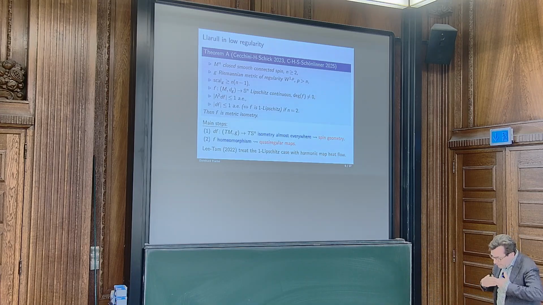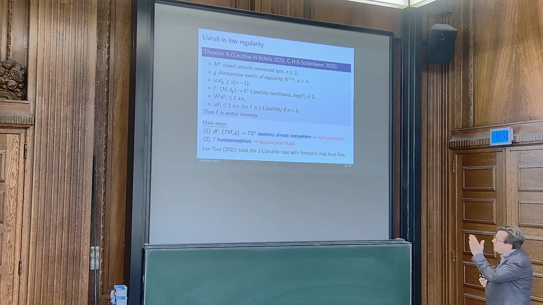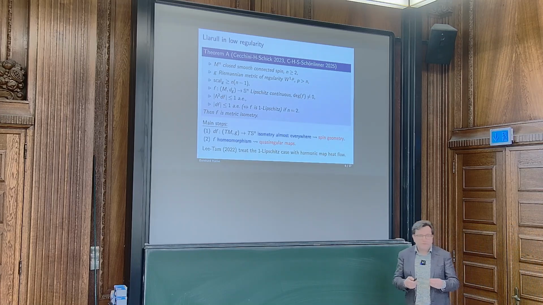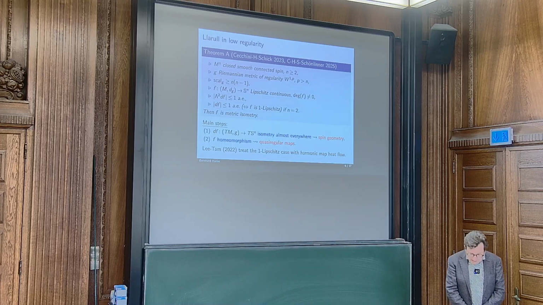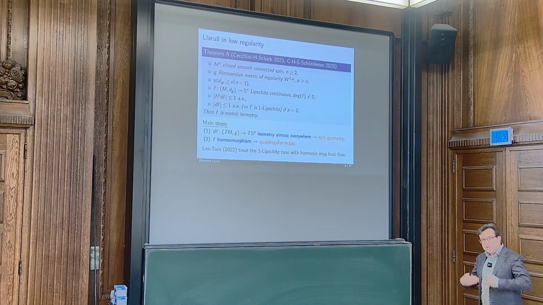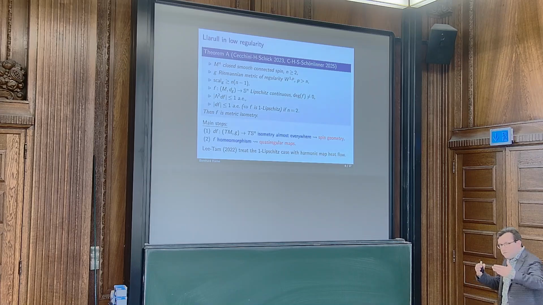So this flow after a nanosecond smoothes out all data. And in this situation here, we really deal with singular objects, namely with this non-regular metric and with the Lipschitz map f, and try to adapt our techniques so that we can directly deal with it. So this is a little bit of a different point of view, I would say.